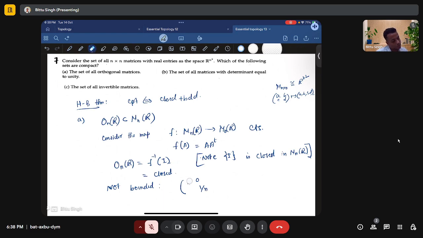Sorry, this is not orthogonal. Actually, it will be bounded. But how can you show this is a bounded subset of the n by n matrices?